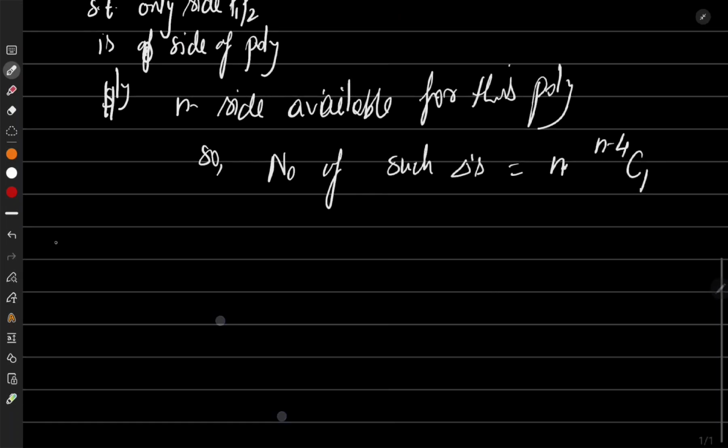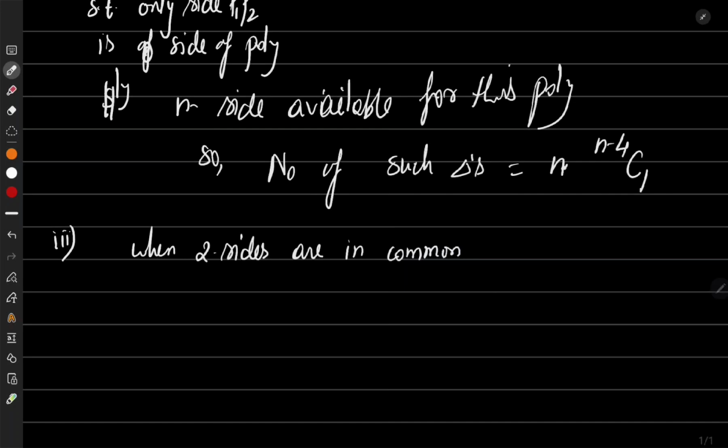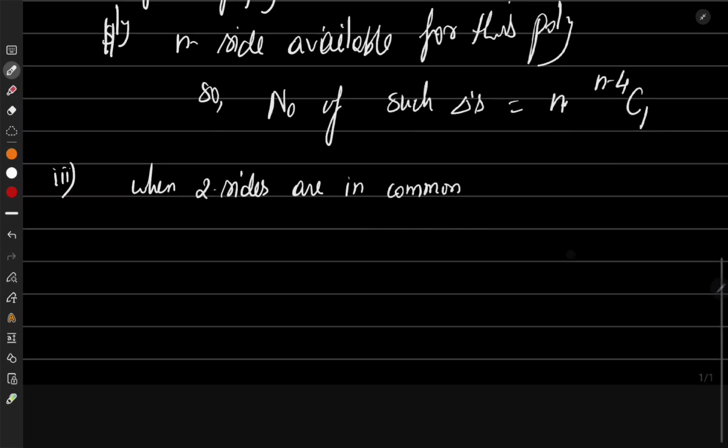Okay, third thing it is saying what? That two sides are in common. When two sides are in common means what? Two sides of the polygon are in the triangle.